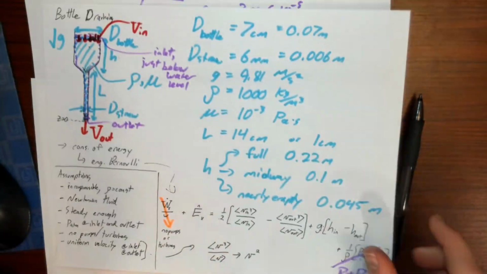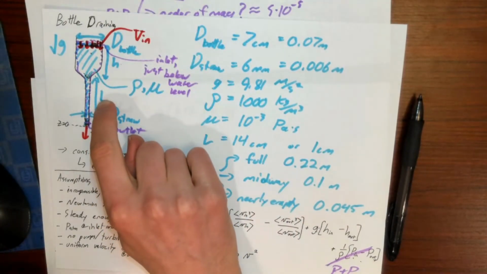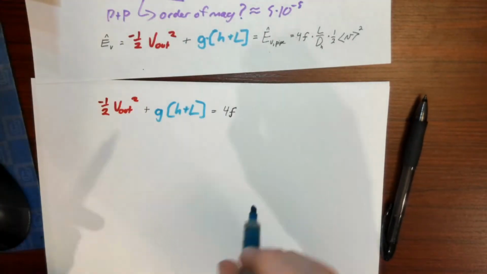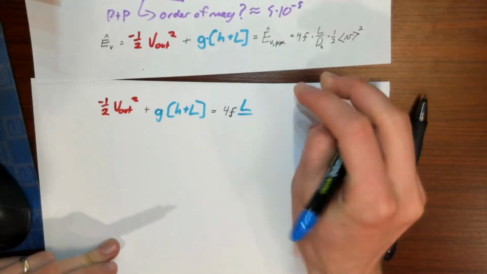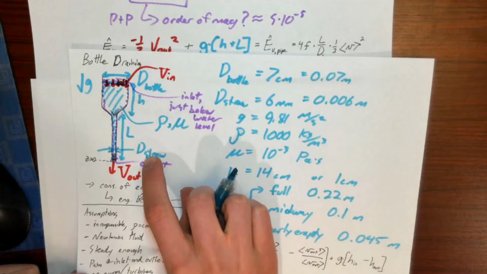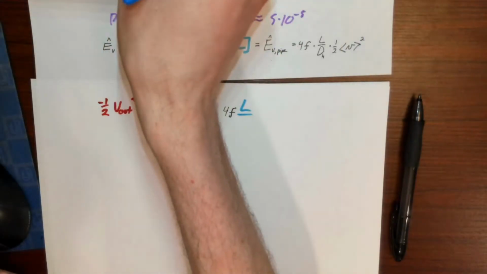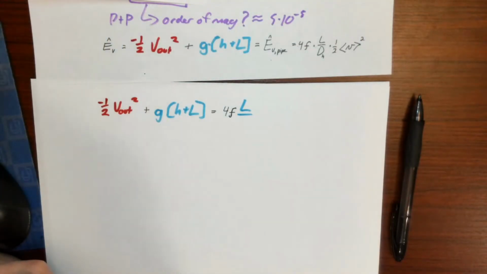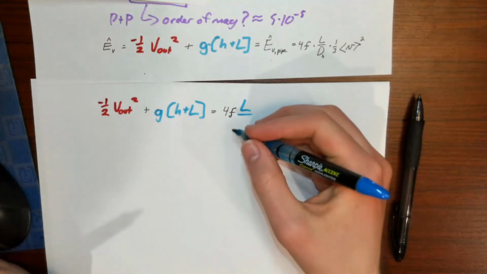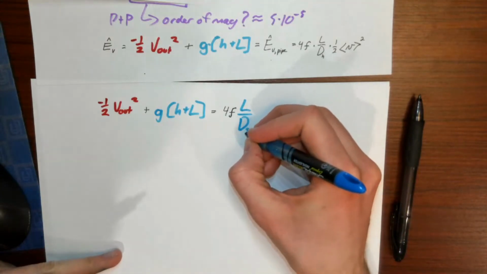L is the length of the pipe, and that's a known constant right here. The hydraulic diameter of the pipe is just the diameter of the straw right here. Remember, for circular pipes, the hydraulic diameter is essentially the same as the diameter itself, so this is going to be d straw.